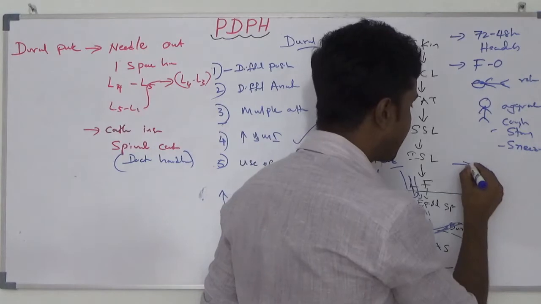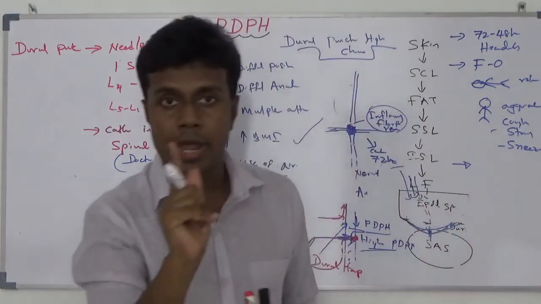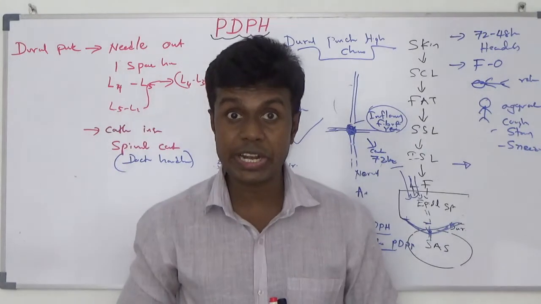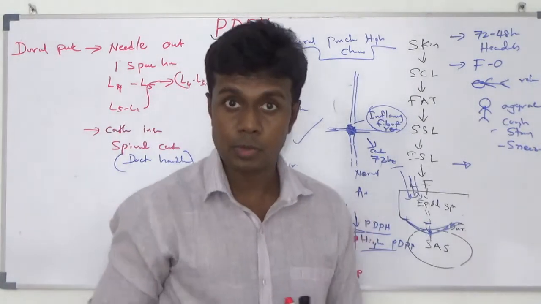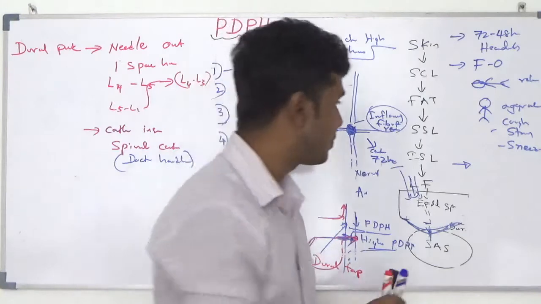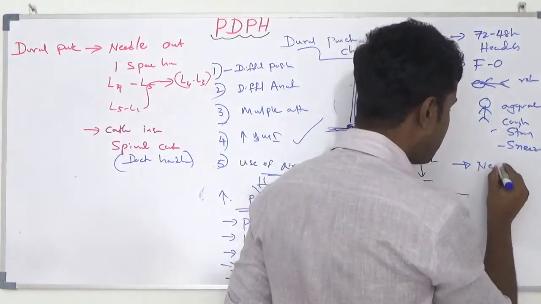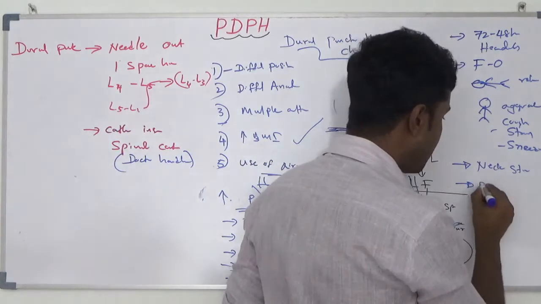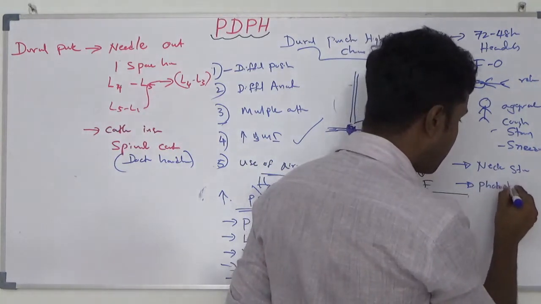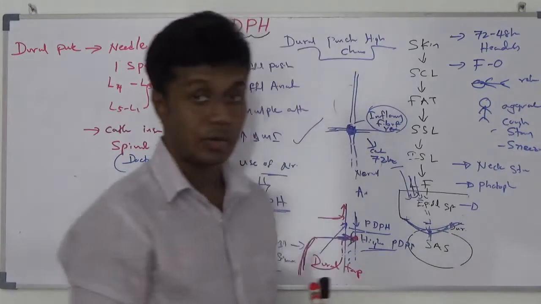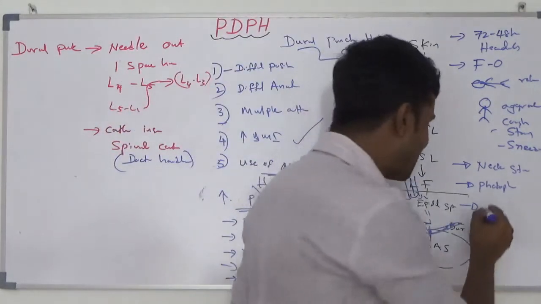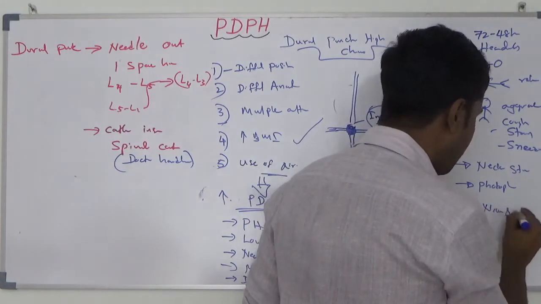Next one. Sometimes you can have features of meningism, features of meningeal irritation, such as neck stiffness. Sometimes you can have photophobia. Nausea and vomiting are associated with most diseases; here also nausea and vomiting are associated.